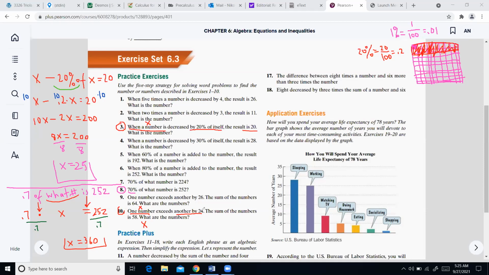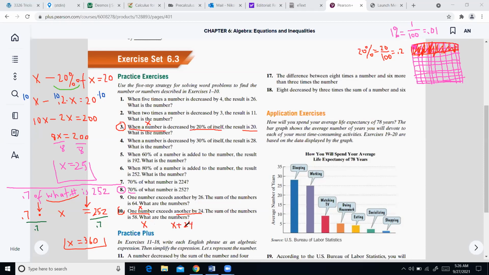So what does that mean? Should I call the other number x plus 24? One can say, Alex, maybe x minus 24. Yeah, you can either call x your smaller number, and then the larger will be 24 larger, or you can call x the larger, so the lower will be 24 smaller.